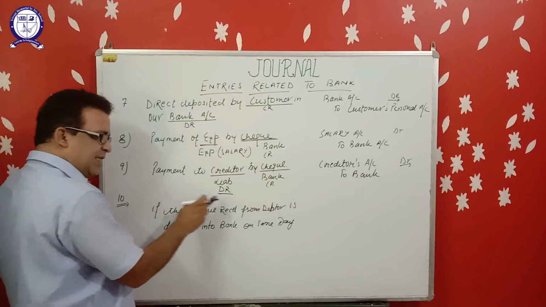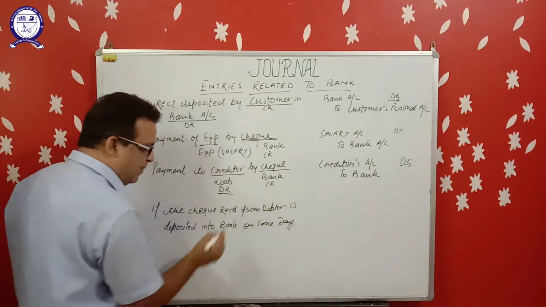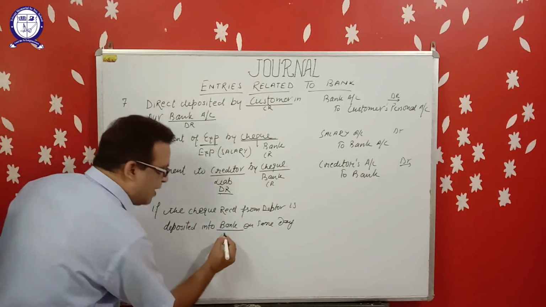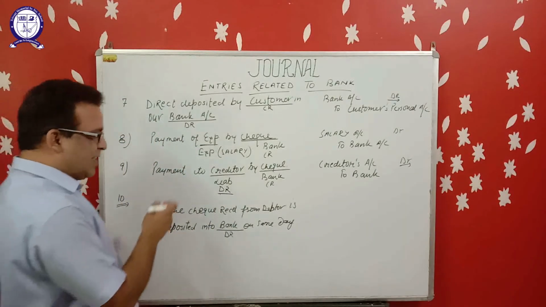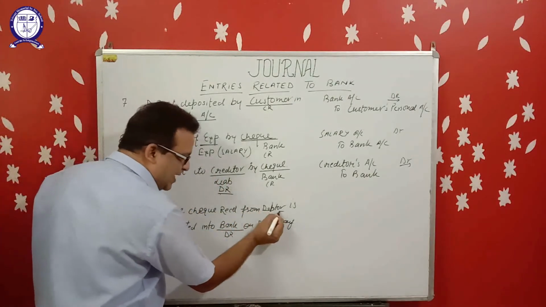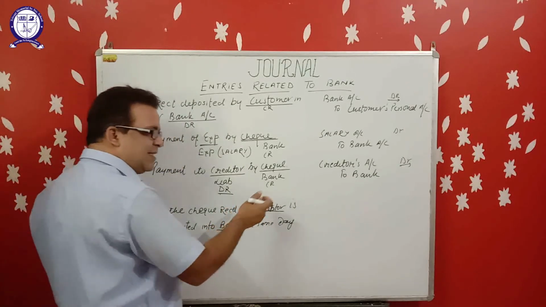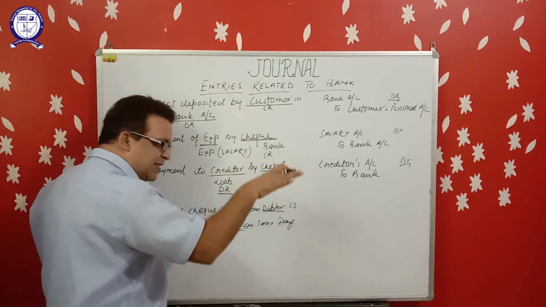If the check received from debtor is deposited into the bank on the same day, so bank balance will increase. That's why bank account will be debited. On the other hand, the debtor balance will reduce. Debtor is also an asset. So when we receive cash or check from debtor, debtor's amount is reduced.